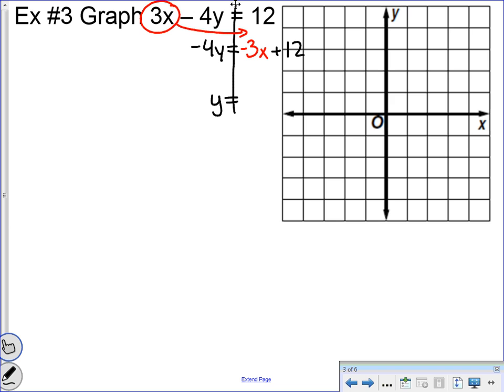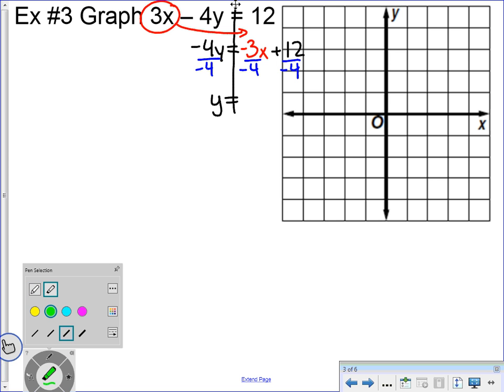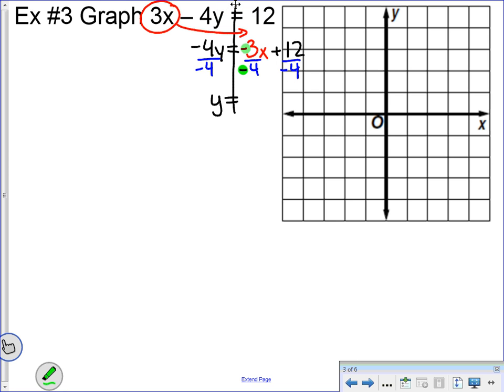And then we have one more step to get rid of the -4 that's in front of the y, so we're going to have to divide. Now, 4 does not go into 3. It gives you a decimal, so we're going to leave it as a fraction. However, the 2 negatives on top and the bottom are going to cancel out and make the fraction positive.